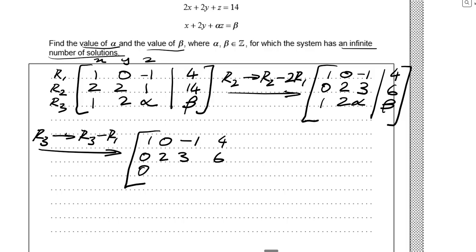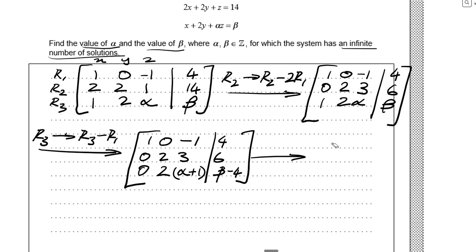Now we have 0. 2 minus 0 is 2. We have alpha minus 1, alpha minus minus 1, which is alpha plus 1. And we have beta minus 4. So that's that. Now we want to make this 0.